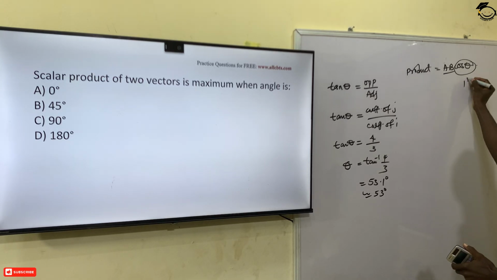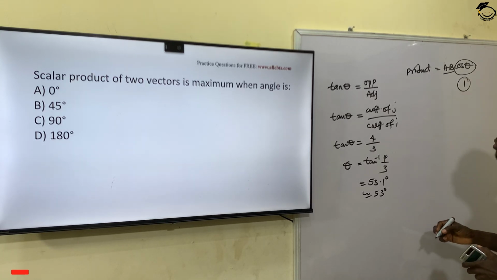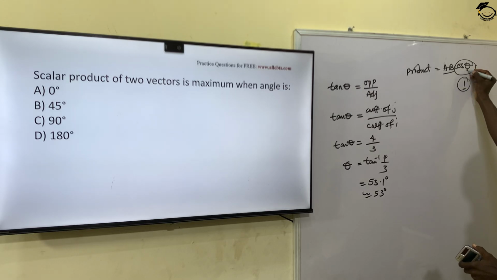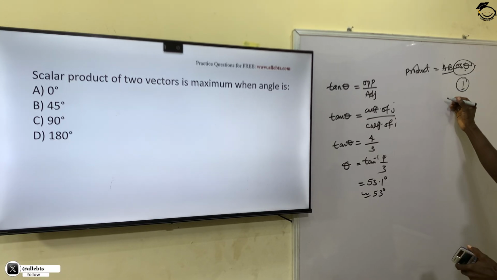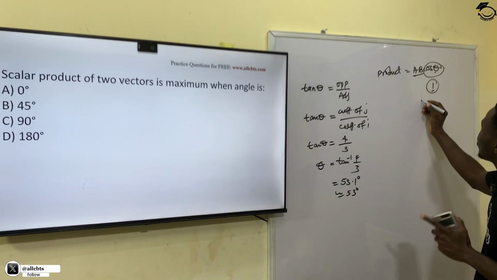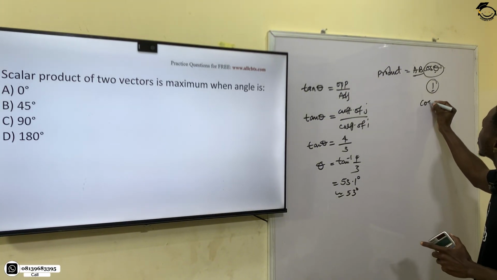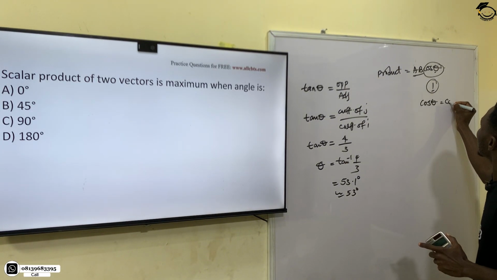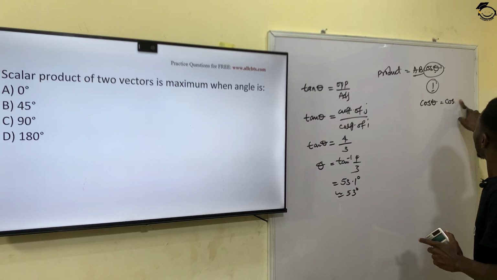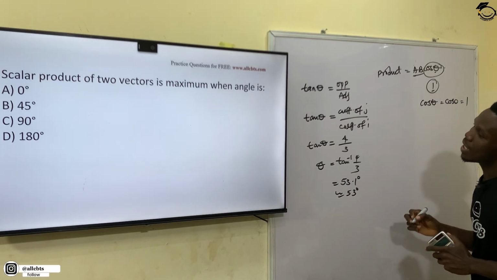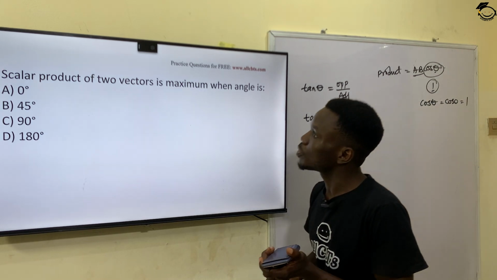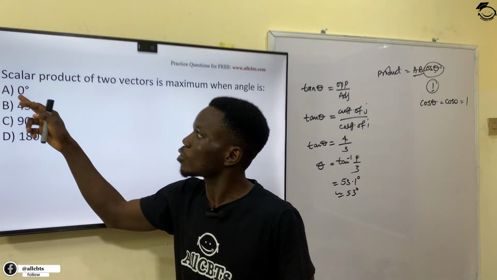The only time you can have cos equal to 1 is when the angle is 0. So the product has its maximum value when cos theta equals cos 0, which is 1. So the correct answer is when the angle between them is 0 degrees, which is option A.